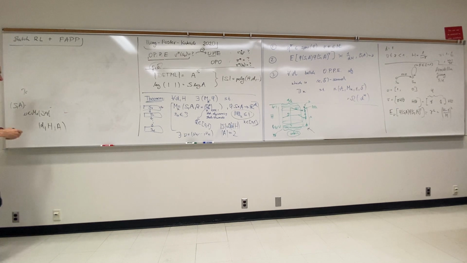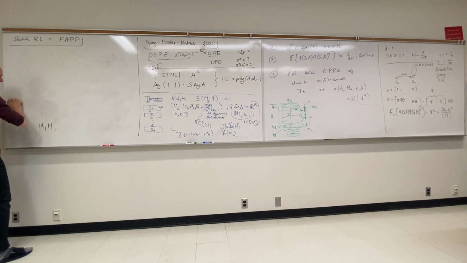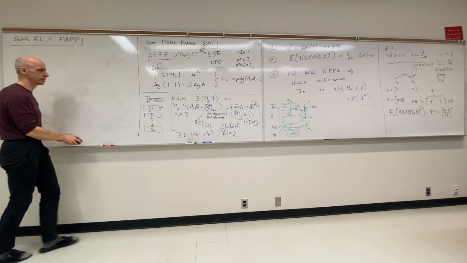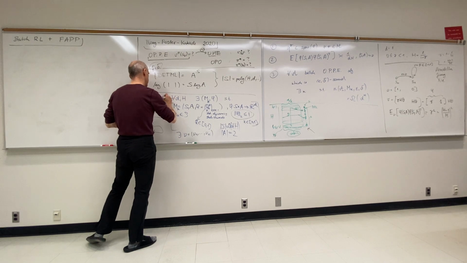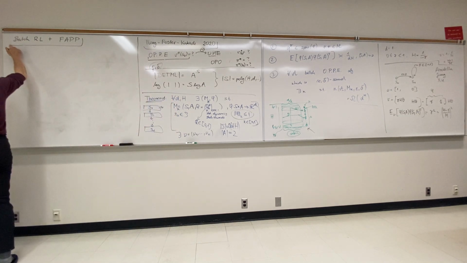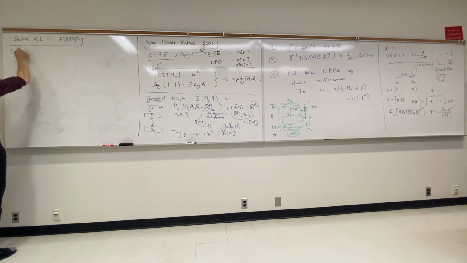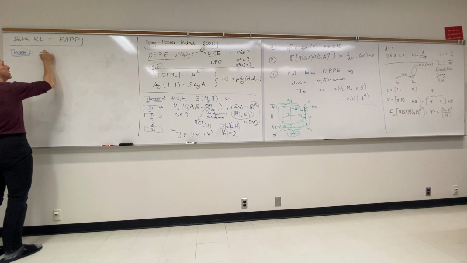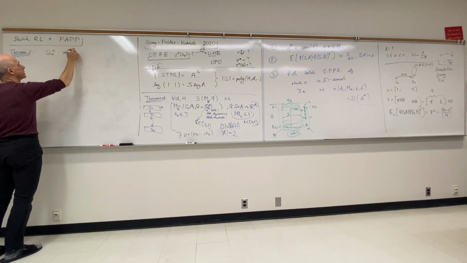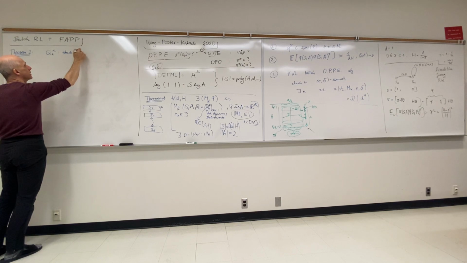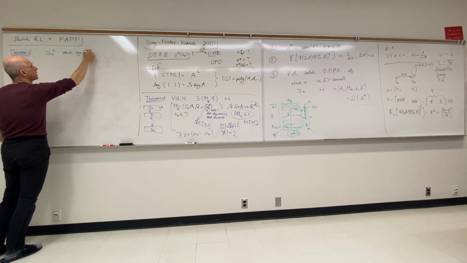Anyway, so if you do that, then the result of that is going to be this theorem. So it's pretty much the same, except that QH kappa has stochastic dynamics, stochastic rewards.